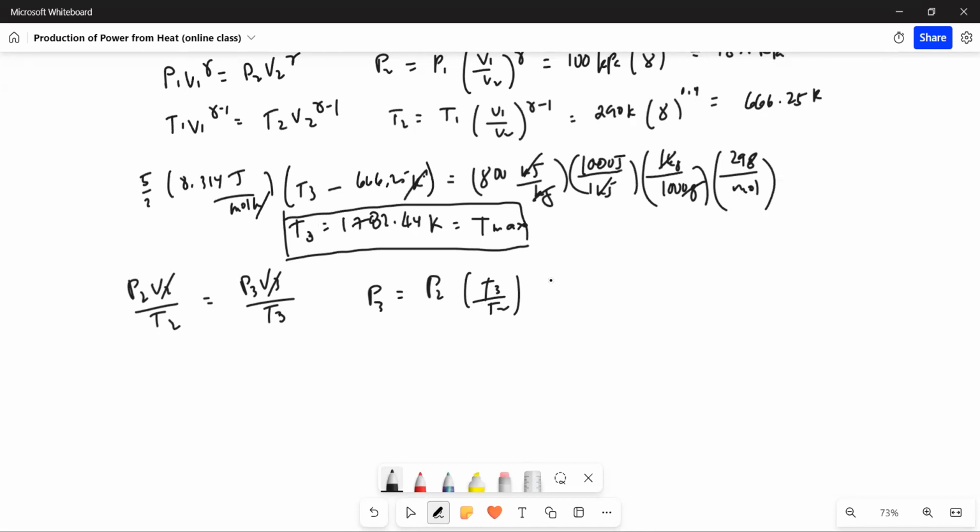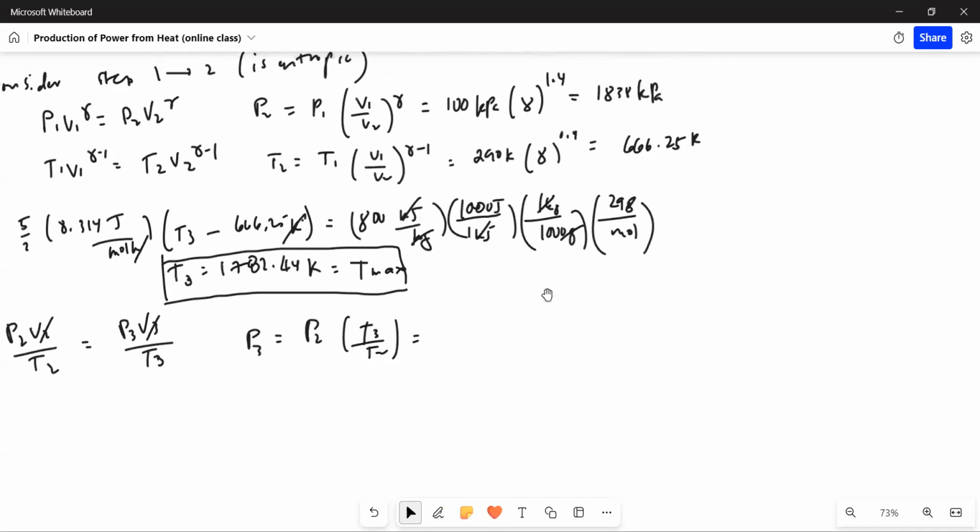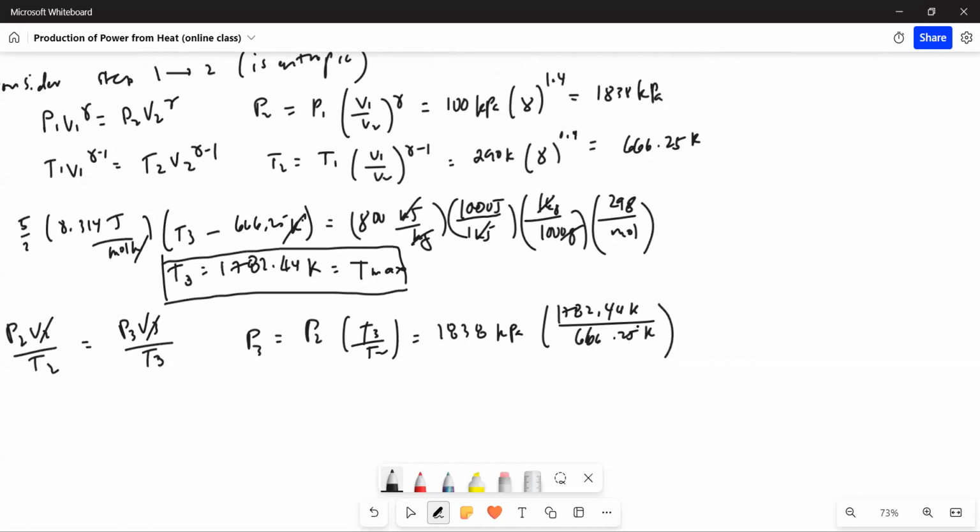Okay? Substituting the values of P2, which we obtained earlier. This one, P2, 1838 kilopascals, multiplied by T3 over T2. 1782.44 Kelvin over 666.25 Kelvin.